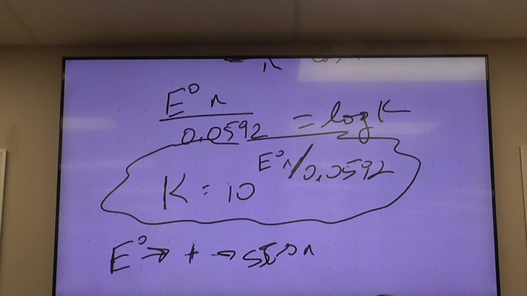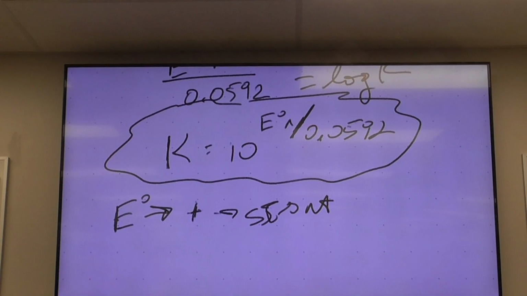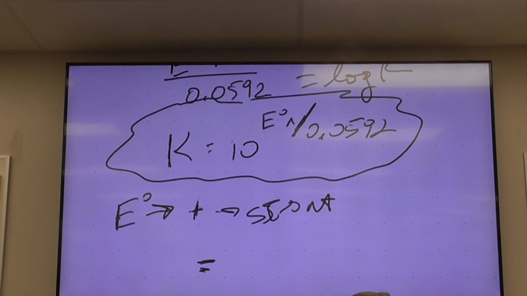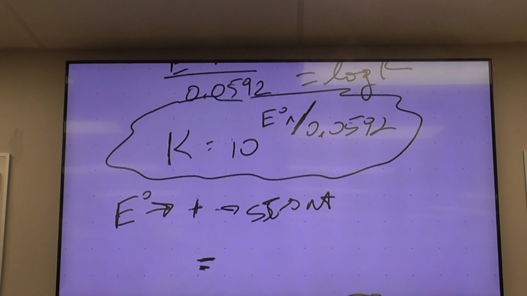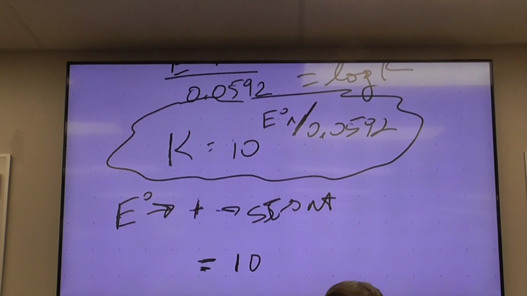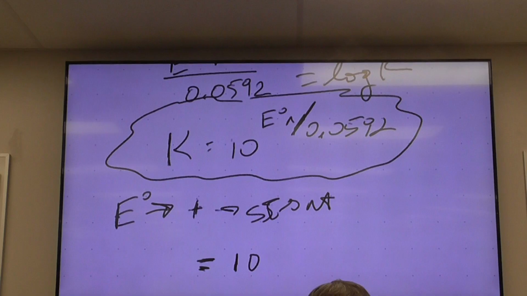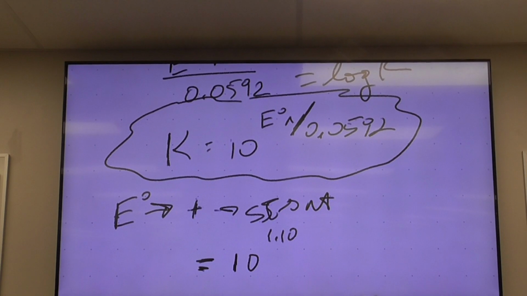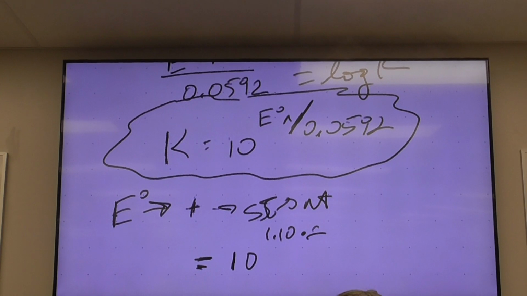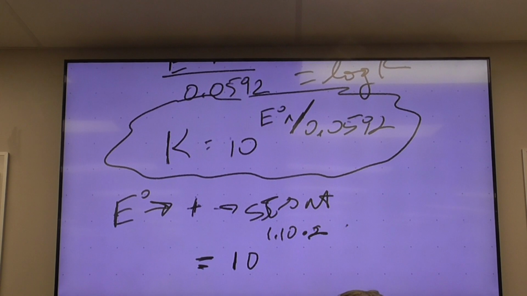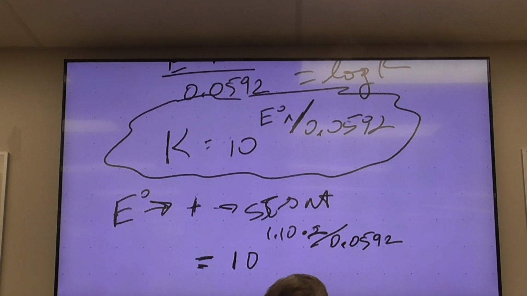Now, let's go back to the math nerds. Let's go to the example we just did. We have 10 to the E naught, and E naught was 1.10. n was 2, divided by 0.0592.